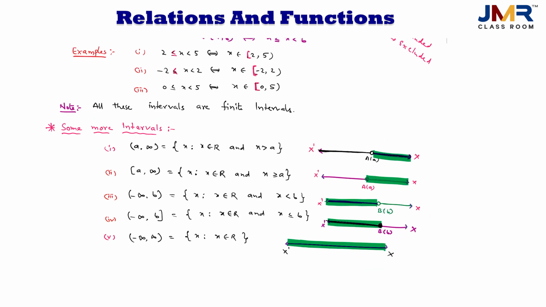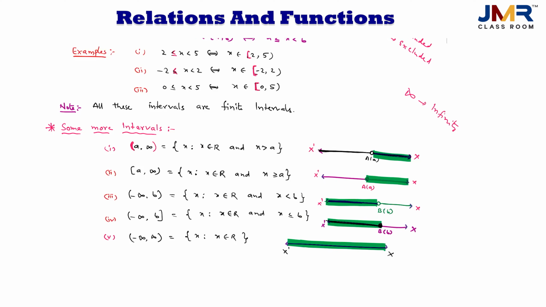Now some more intervals, the infinite intervals. All the above intervals are finite. Infinite intervals means this is infinity. For example, see the first one, open a to open infinity, means both sides open.